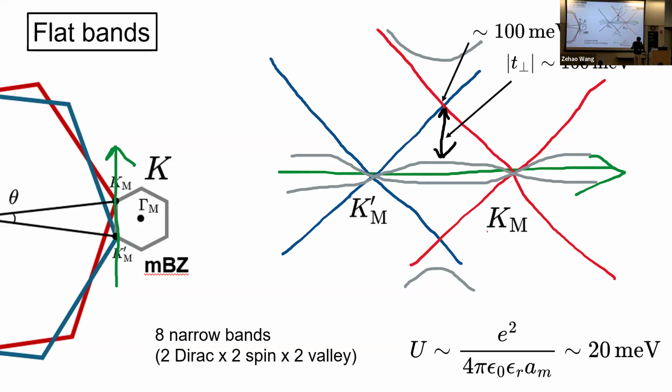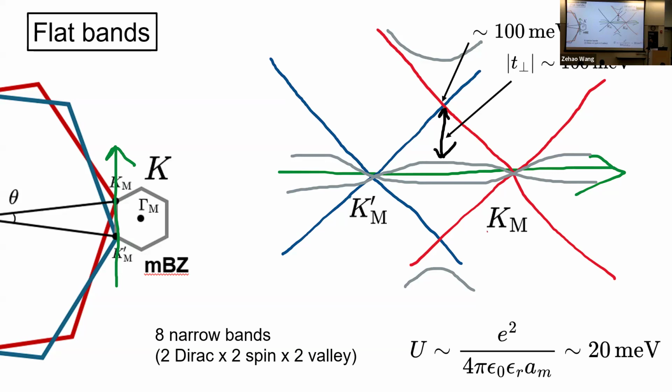Now, you can estimate this splitting. This is T perp, and you can estimate it by looking at untwisted bilayer graphene. You find that this interlayer hopping is around 100 meV. So at the magic angle, there's this magical coincidence of energy scales where these bands get significantly flattened and form really flat bands whose bandwidth can be as small as a few millielectron volts.